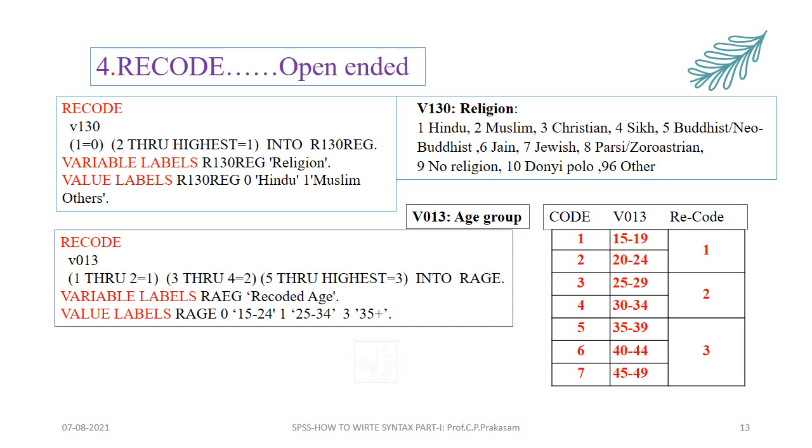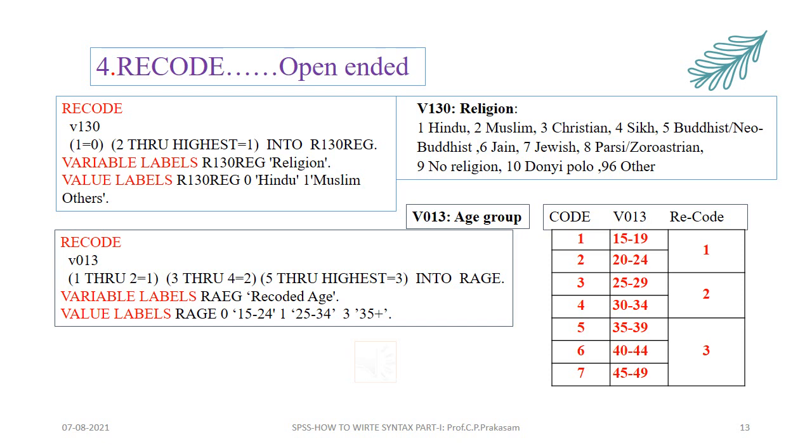V130 is the variable, the code for Hindu is 1, therefore 1 equals 0, you can give the coding like that, and 2 through highest equals 1. That means from 2 onwards up to the end, whatever codes are given will be clubbed as 1, and it is given into a new variable R130REG.